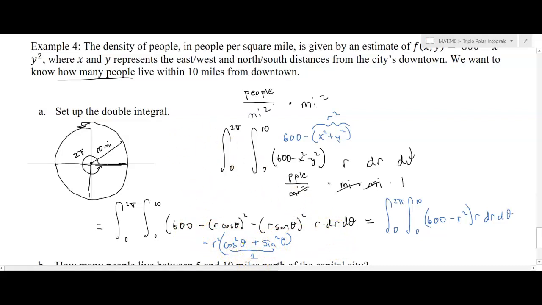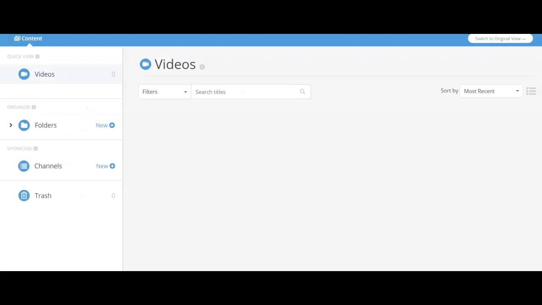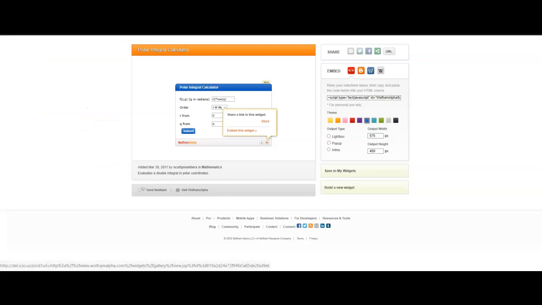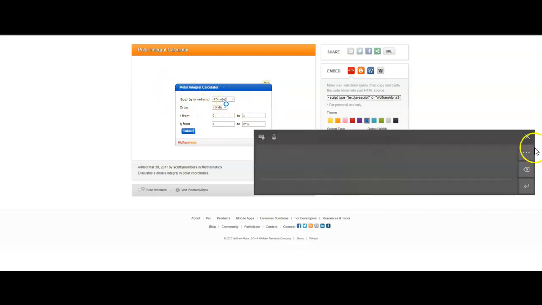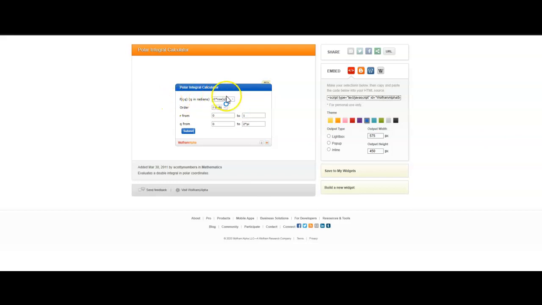So to dump this into the integral calculator is pretty straightforward. We would, if I can find the right page, here we go. So now here it's using f of r comma q, so q is in radians instead of using theta. So let's go ahead and type in our density function, which is 600 minus parenthesis 600 minus r squared.